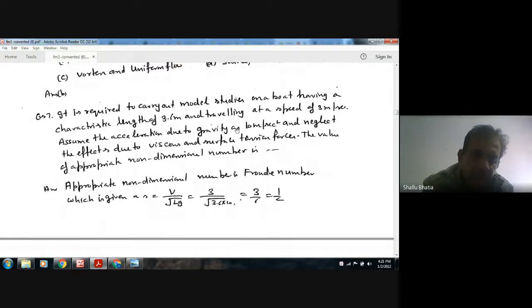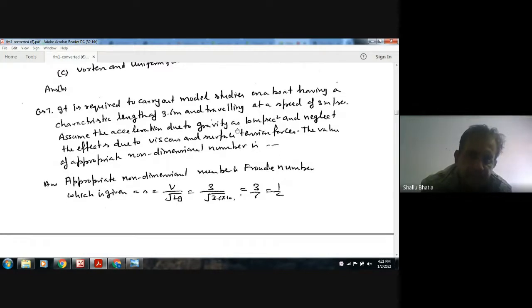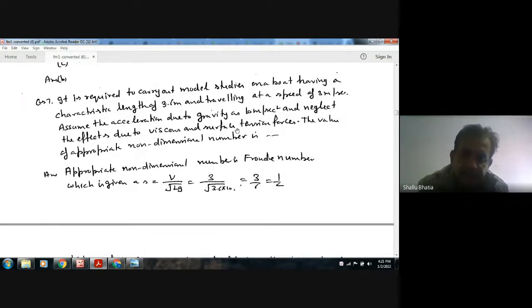Next. Question number 7. It is required to carry out model studies on a boat having a characteristic length of 3.6 meter and traveling at a speed of 3 meter per second. Assume the acceleration due to gravity as 10 meter per second squared and neglect the effect due to viscous and surface tension force. The value of approximate non-dimensional number is.